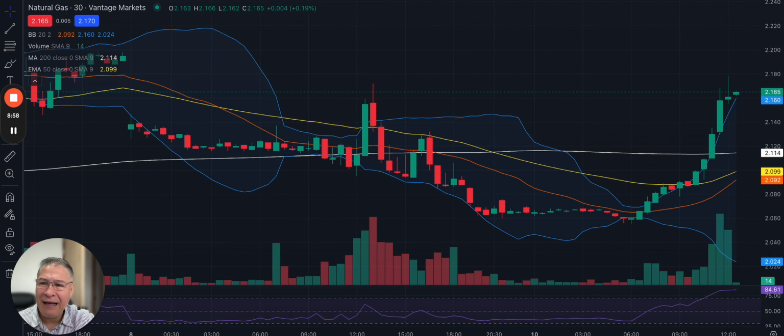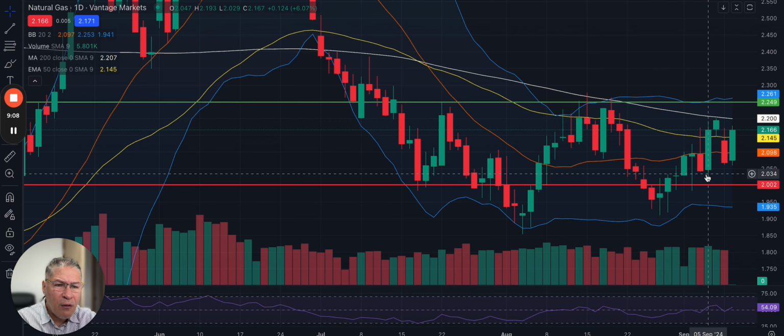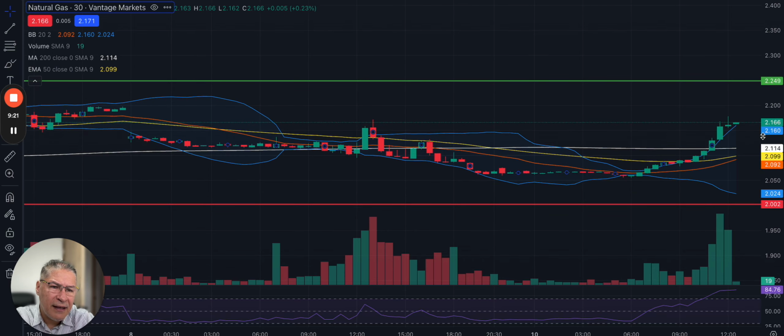Let's take a look at Nat Gas on a daily chart initially. On the daily chart, we're sustaining those levels so far. We are fluctuating above the 20 and the 50, creeping closer to the 200-day moving average. Now let's take a look at the 30-minute and see how we are testing that out.